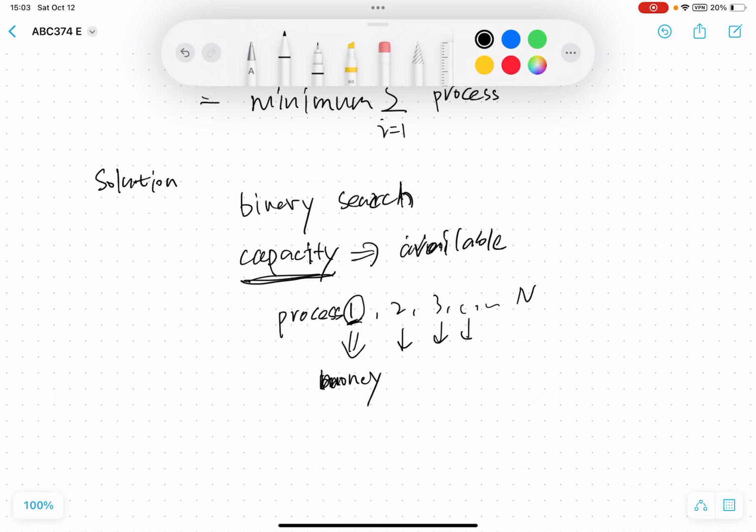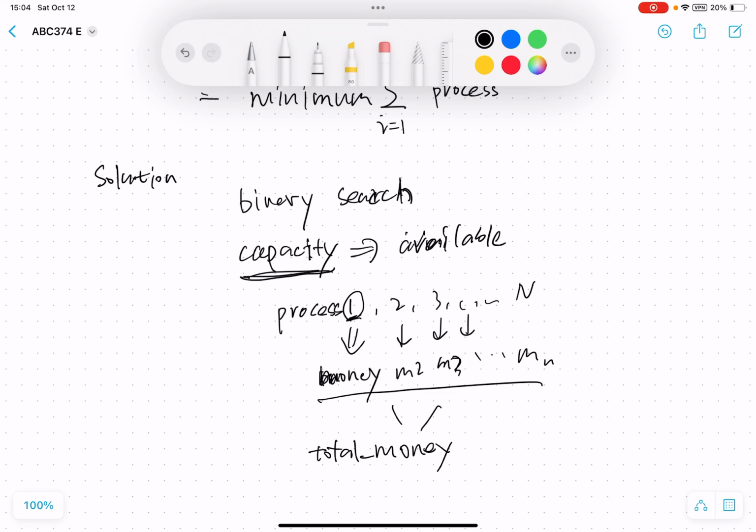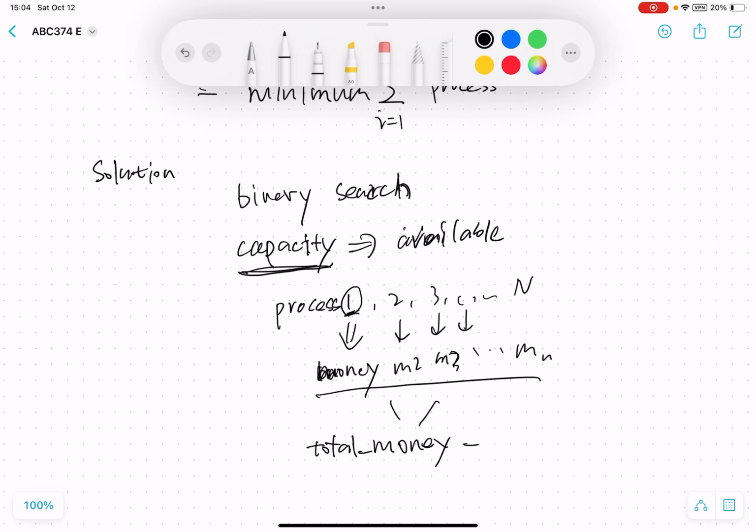We calculate this for every process: M1, M2, M3, Mn. We can sum this money and get the total money. We check if it is larger than the given budget. If it is larger than the budget, it is not available. If it is less than or equal to the budget, it is acceptable. This is the definition of the check function.